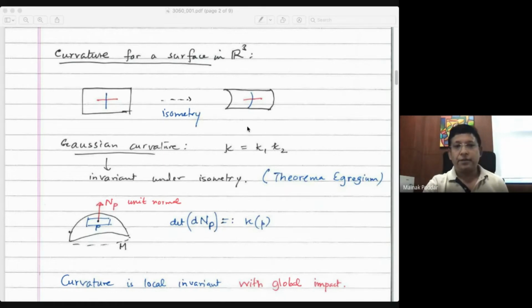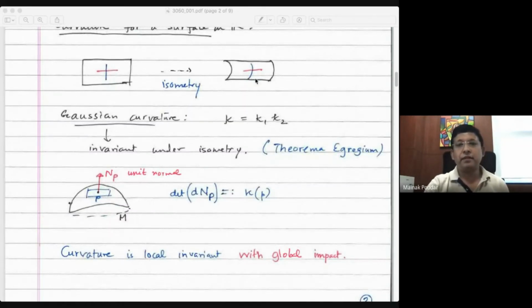But surprisingly, if you take the product of the two principal curvatures, the minimum and the maximum, that turns out to be an invariant under isometry. For example, here the minimum is zero in both cases, so the product of the maximum and minimum is still zero.